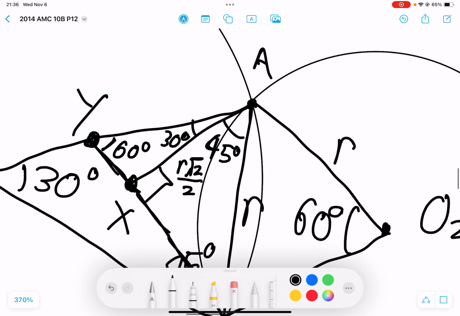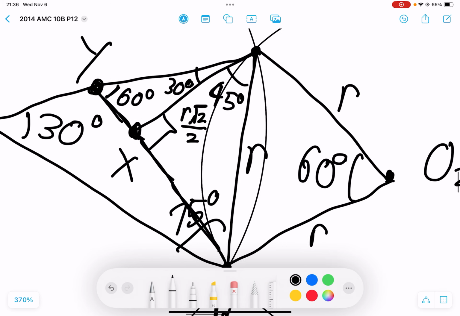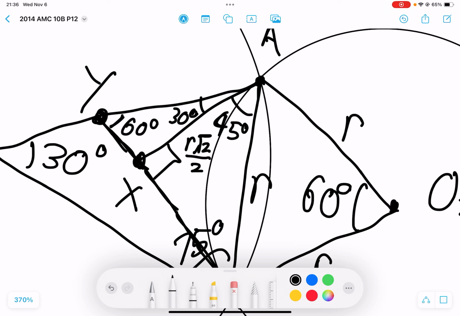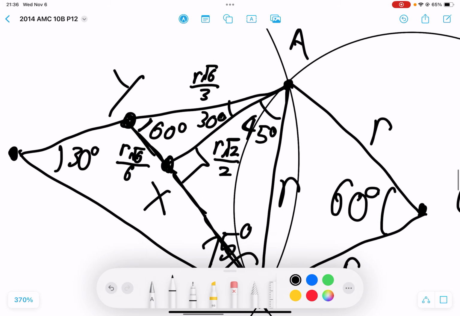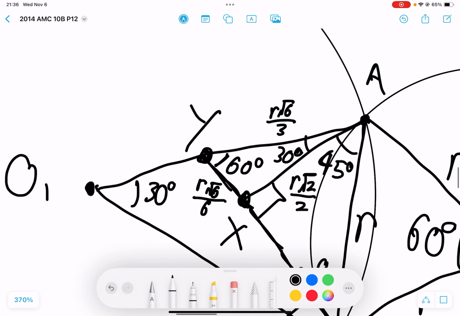If this is R root 2 over 2, we know that YX is going to be R root 2 over 2 over root 3. If we actually calculate that, that's R root 6 over 6. So this means that AY is going to be R root 6 over 3. Now we know AY, we want to find YO1.